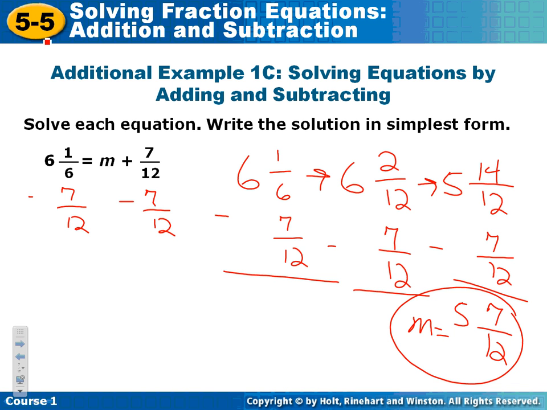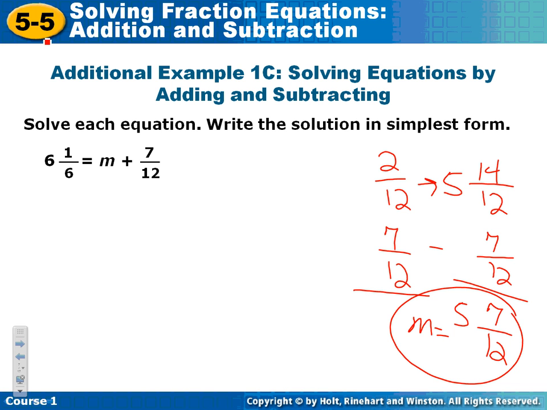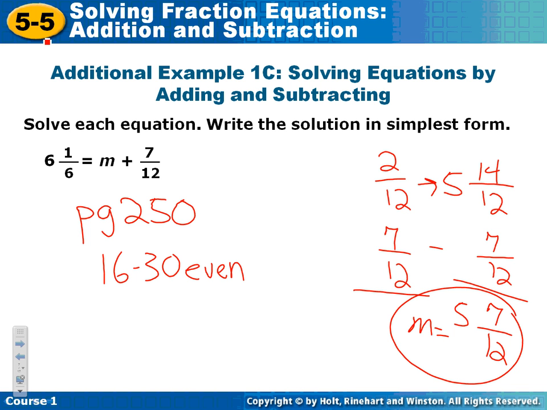What I want you to do for homework is page 250, 16 to 30 even. And then I also want you to do 38 to 44 even.